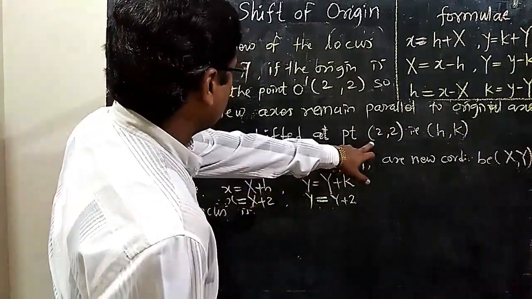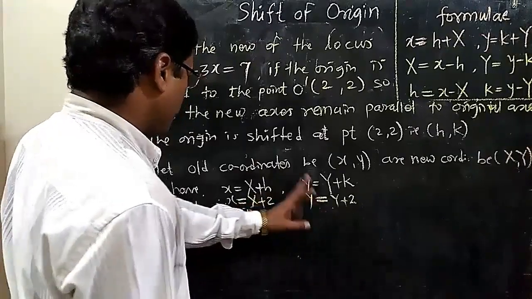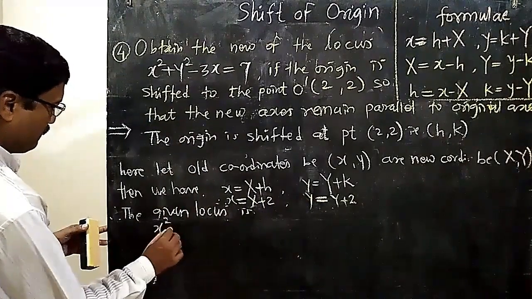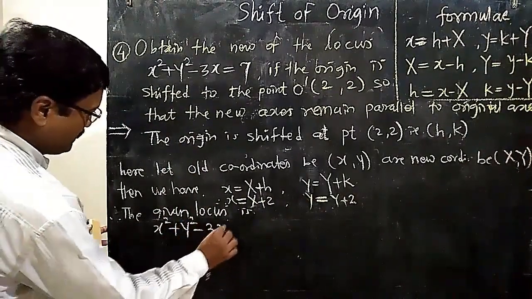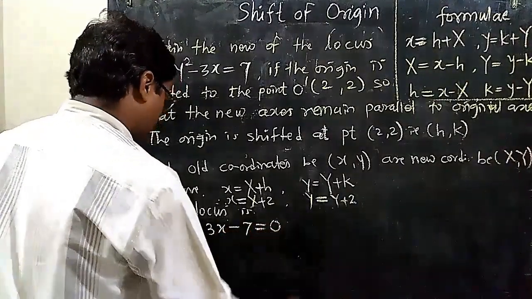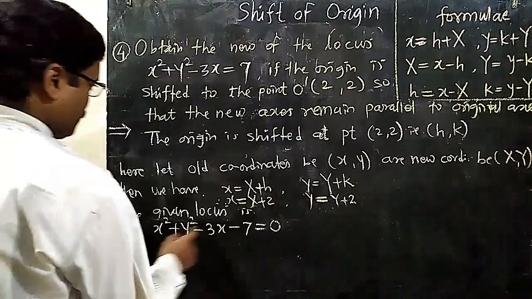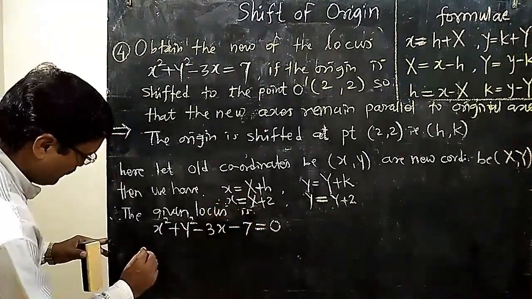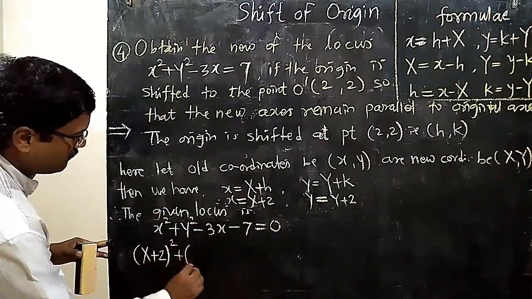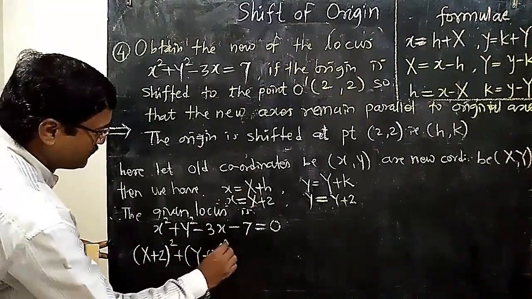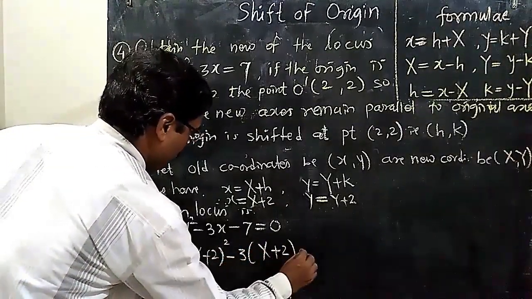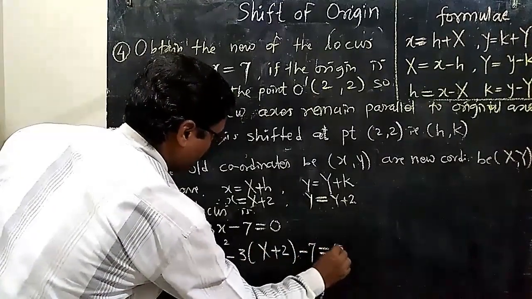The given locus is x square plus y square minus 3x minus 7 equal to 0. Let us put the values of small x and small y. So we get capital X plus 2 whole square plus capital Y plus 2 whole square minus 3 times capital X plus 2 minus 7 equal to 0.